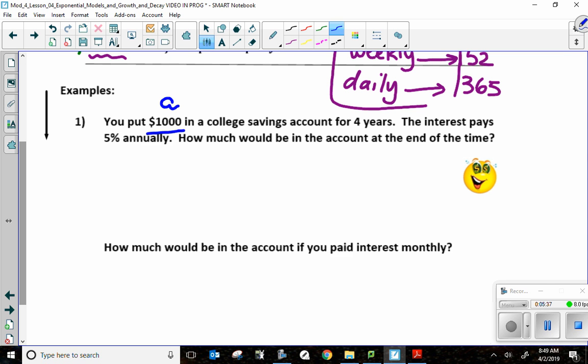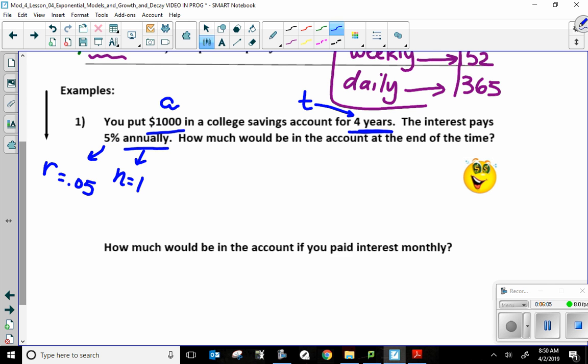That's our initial amount, A. 4 years, that's our time. The interest pays 5%. That's our rate, but don't forget we want that in decimal, 0.05. Annually tells me how many times a year. That's 1. N would be 1.